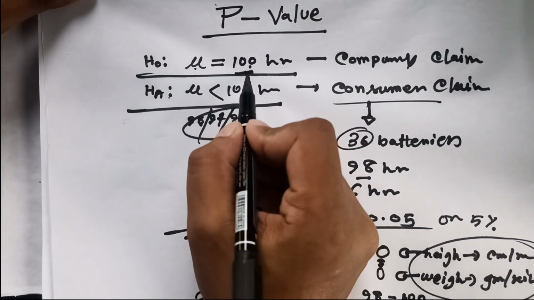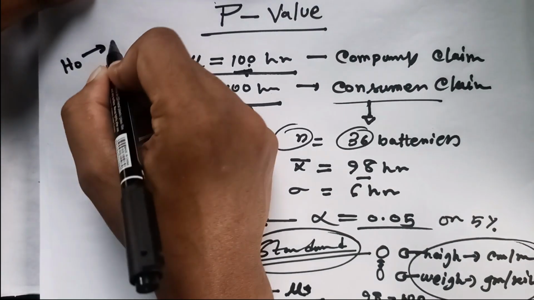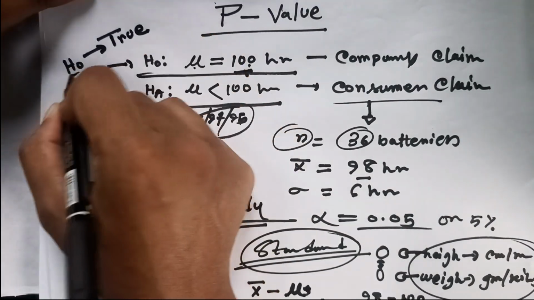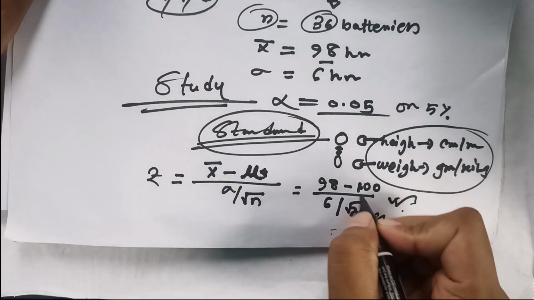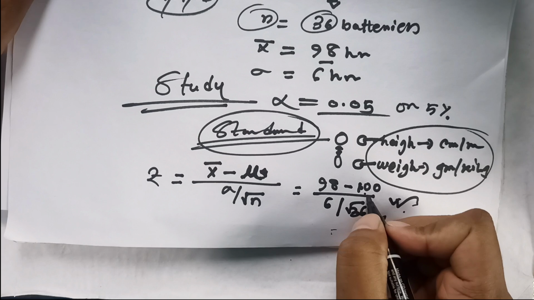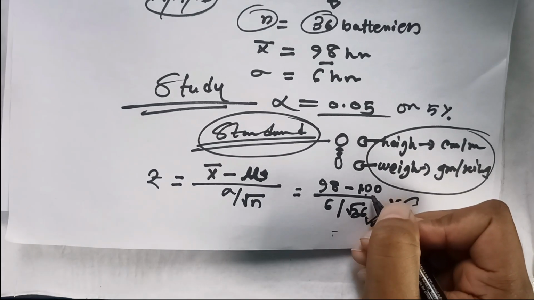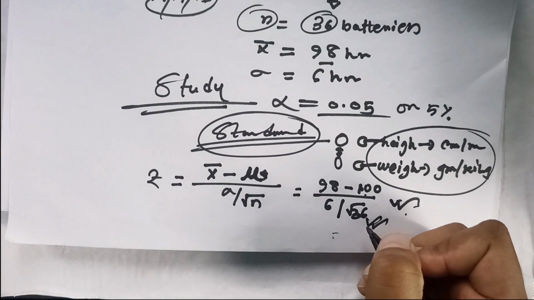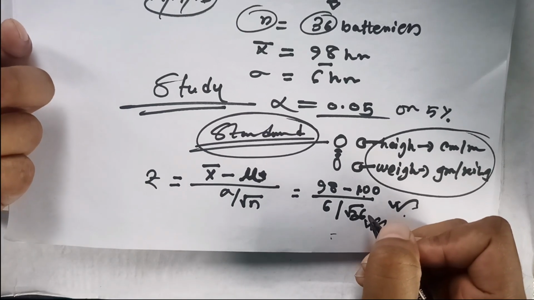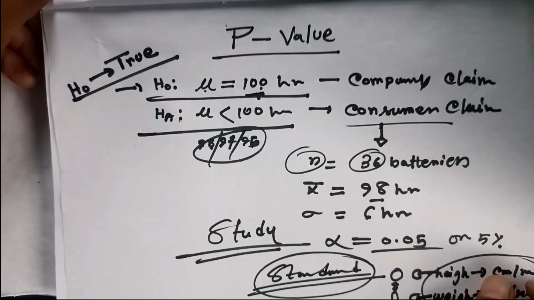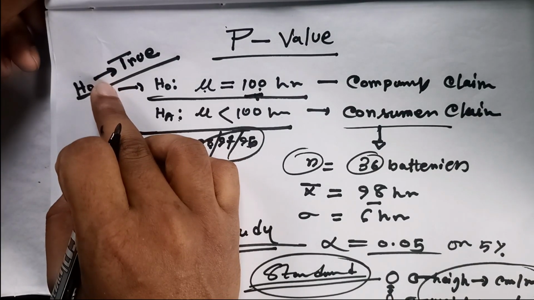So what we did, we considered the null hypothesis to be true, because we use 100. If we used 99 or 98, then we could say that we didn't take the null hypothesis as true. So to understand p-value, it's one of the major conditions.